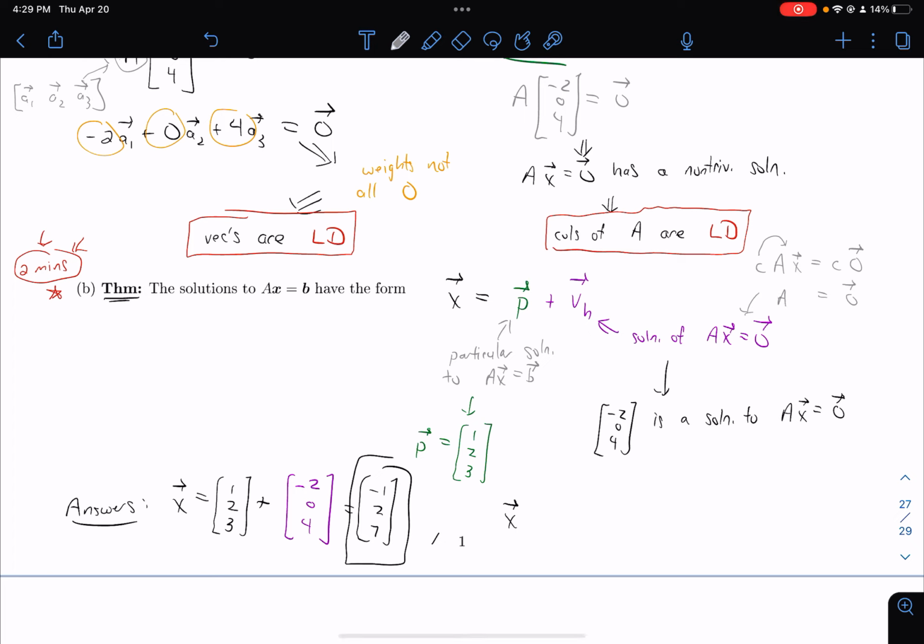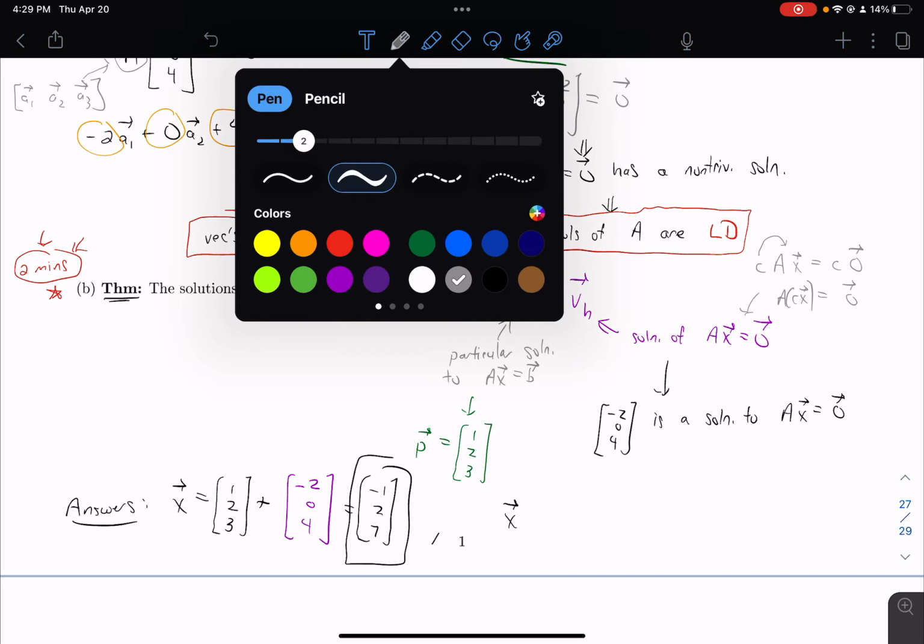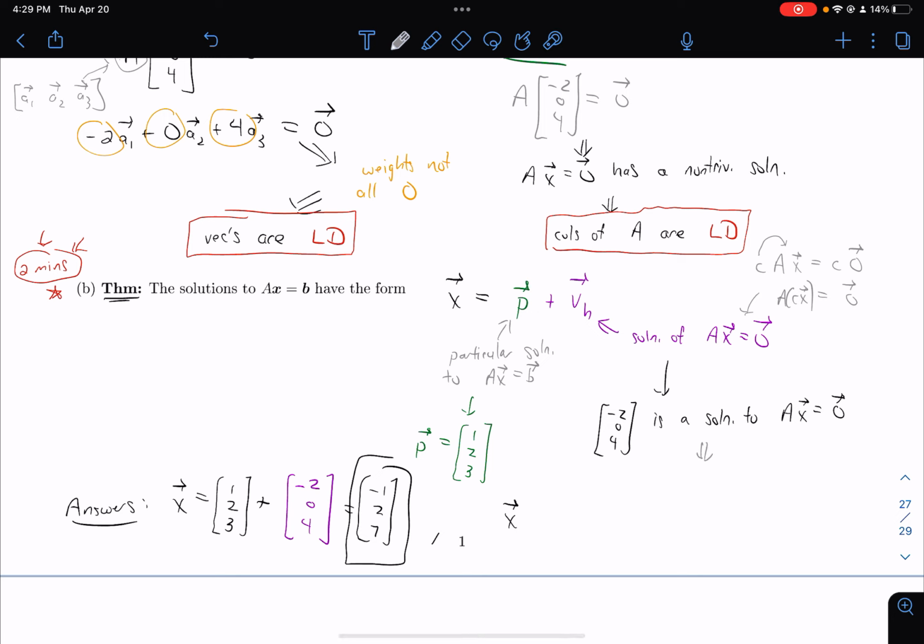So that'll give me A times cx. This means that if I multiply that vector by any constant, that will still give me the 0 vector out. Because of that, any multiple of (-2, 0, 4) is also a solution to Ax equals 0.